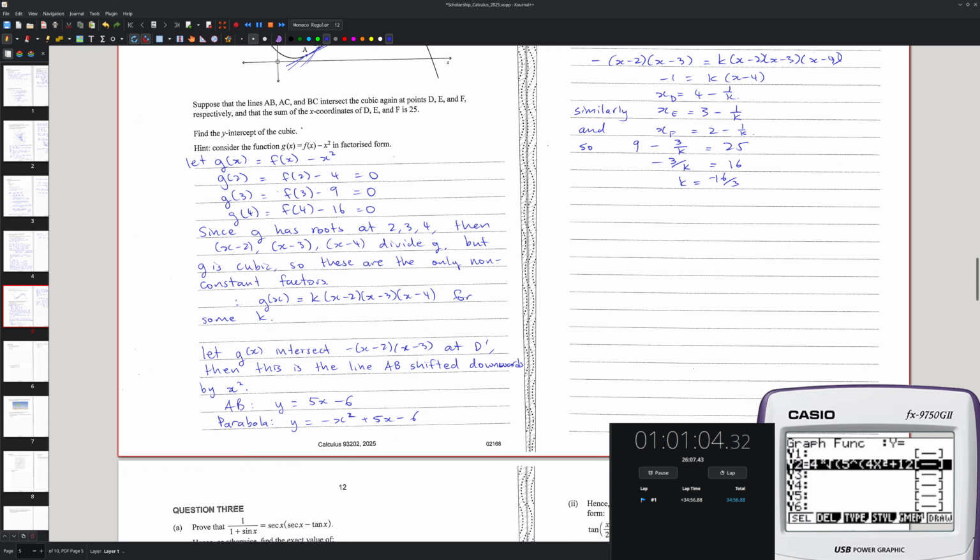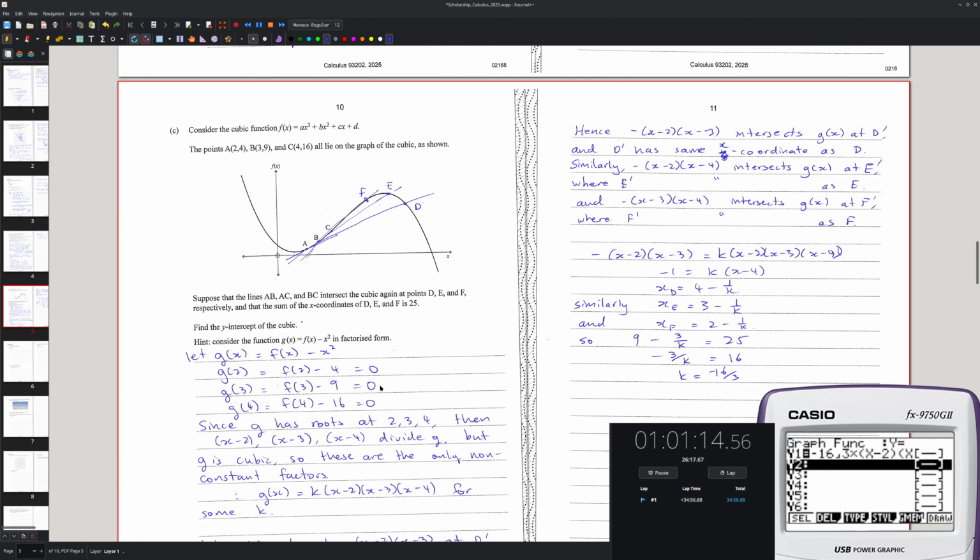Oh man. Negative 16 on 3 times x minus 2, x minus 3, x minus 4, and then we have 5x minus 6.